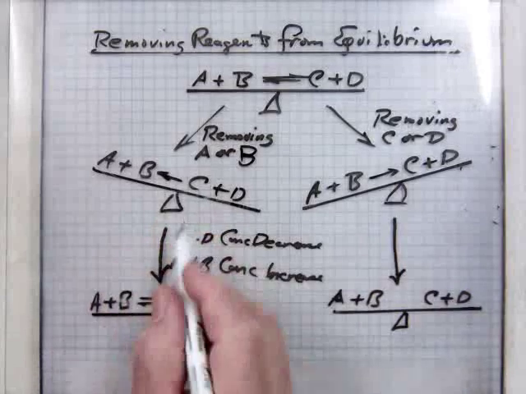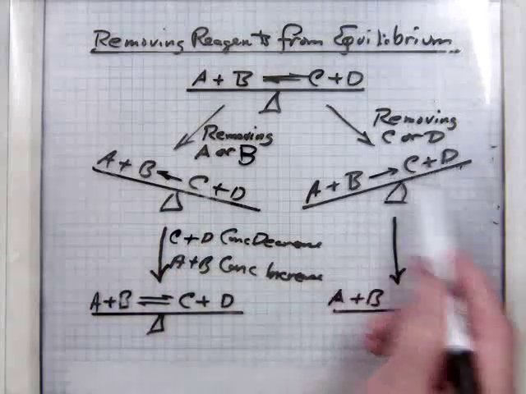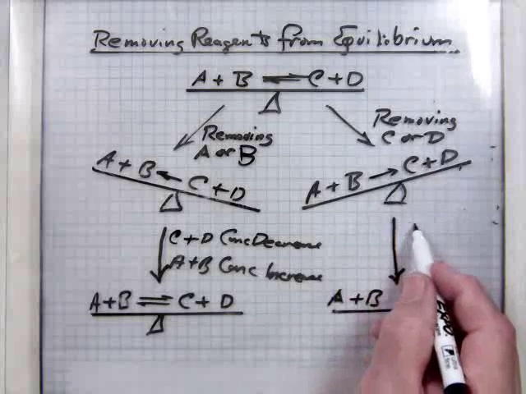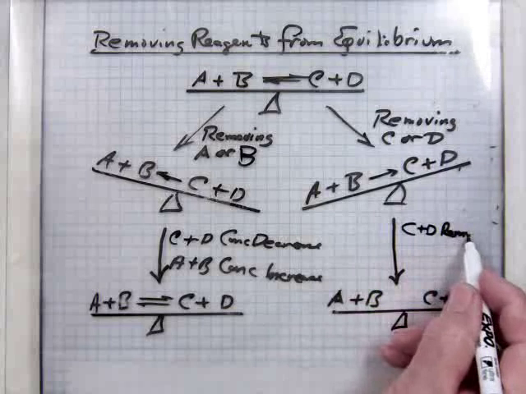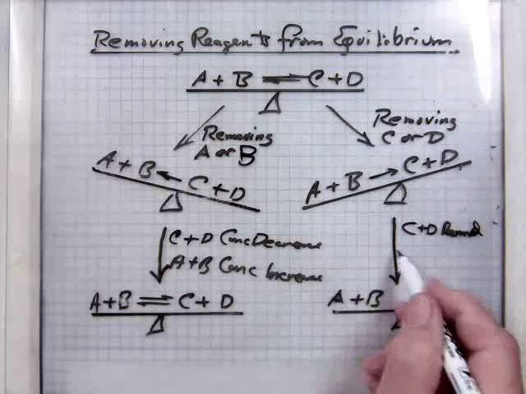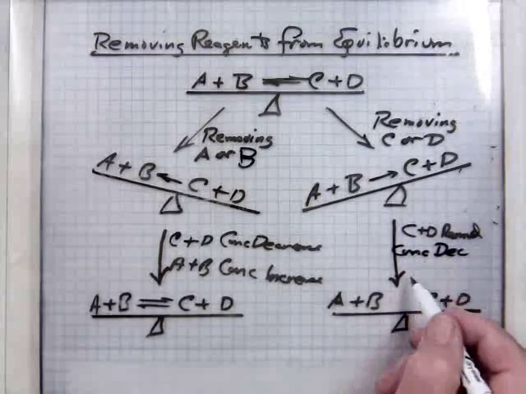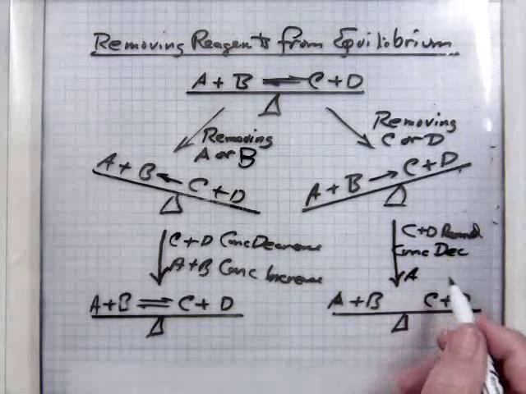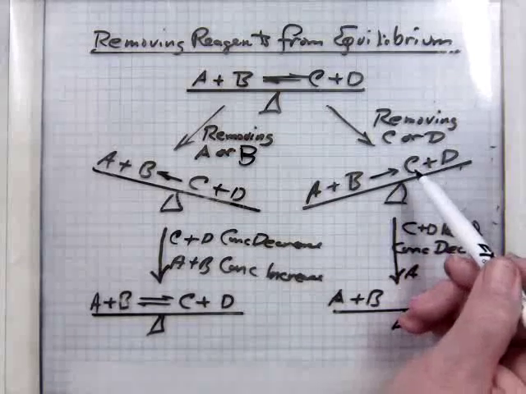That doesn't look like a good C. If we are removing C and D, okay, then their concentrations decrease, and if we remove C and D, this would be your tilt right here.